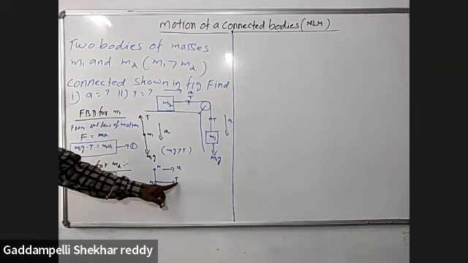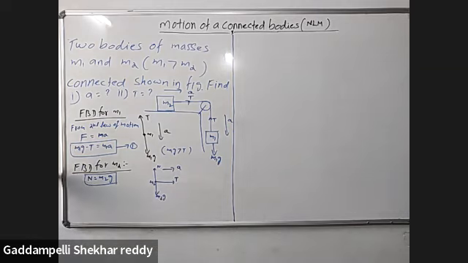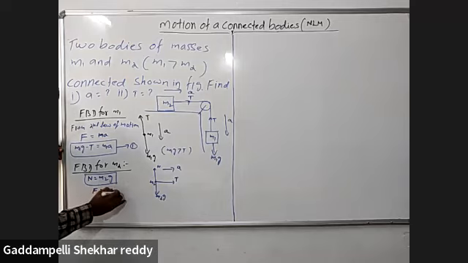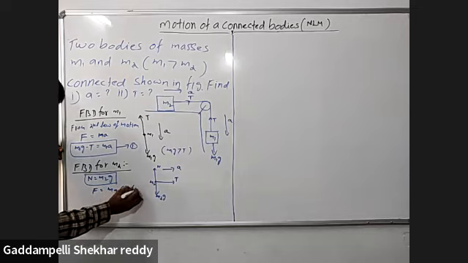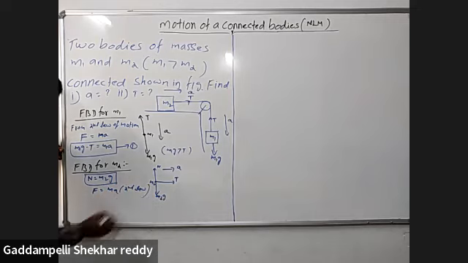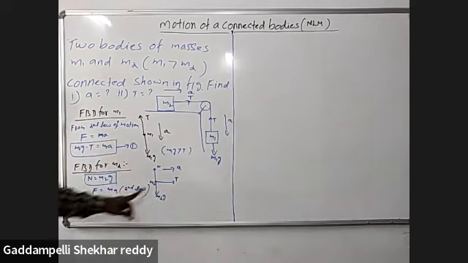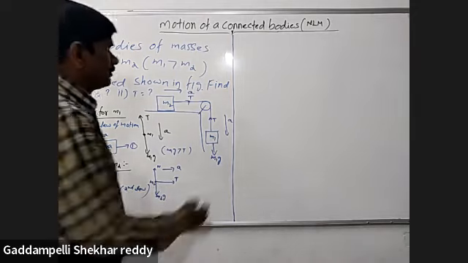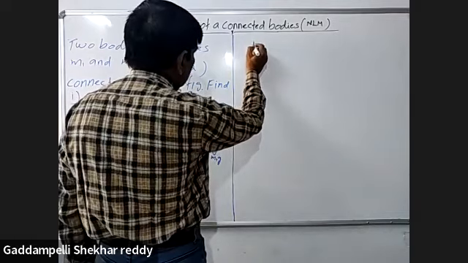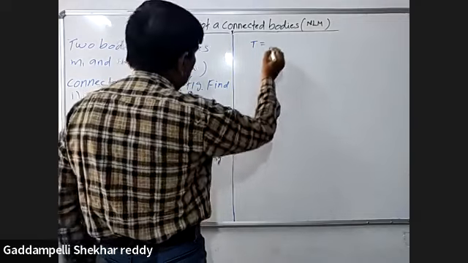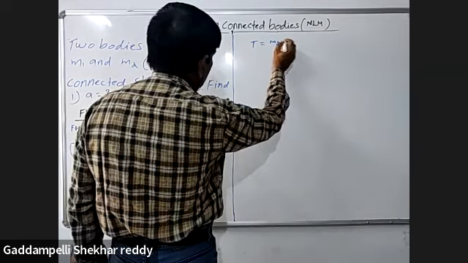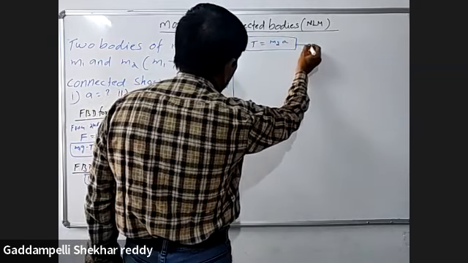Along the horizontal direction, according to Newton's second law, the net force F equals M A. The net force is the tension T, and the mass is M2 into the acceleration, so T equals M2 A. Let this be equation 2.